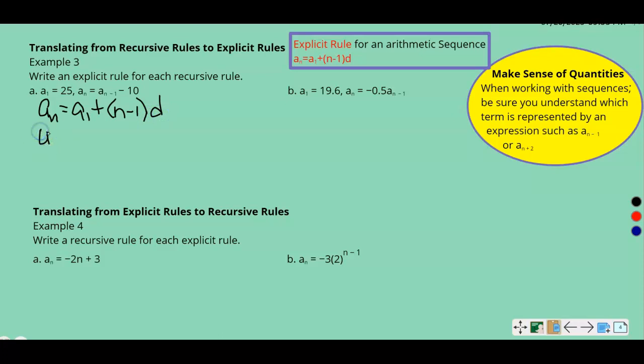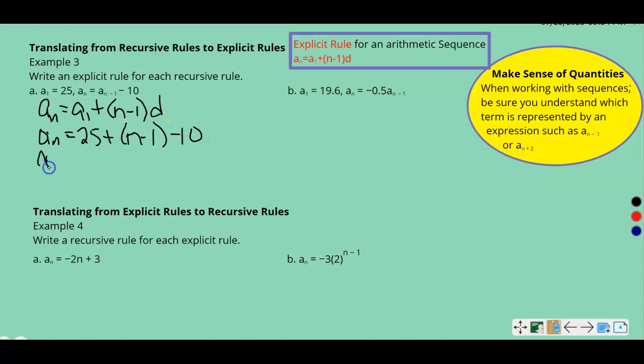So I've got A sub n. I know my first term is 25. And I've got, that's going to be plus n minus 1, and that's going to be times my common difference. My common difference is negative 10.